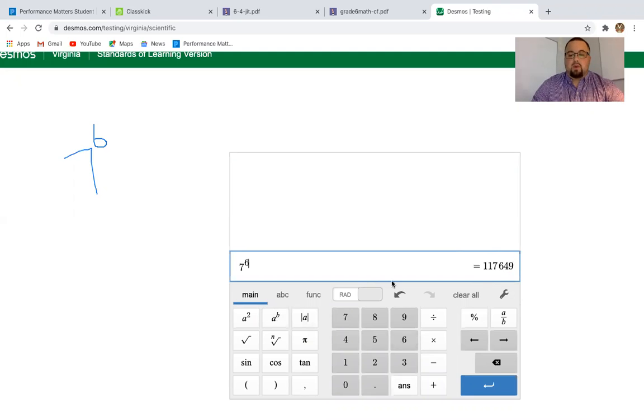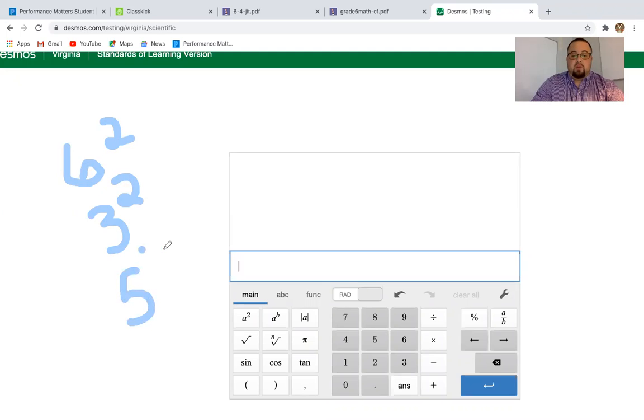So again, perfect squares, you can put them in the calculator, that's not a problem. A perfect square is anything that is squared, raised to the 2nd power. We have numbers like 6 squared, which we just worked with earlier. That's a perfect square. We have 3 squared, that's a perfect square. We have 5 squared.